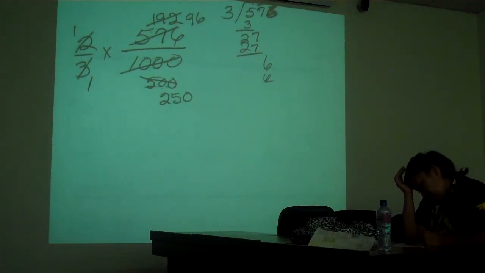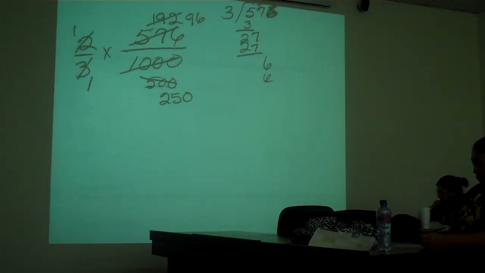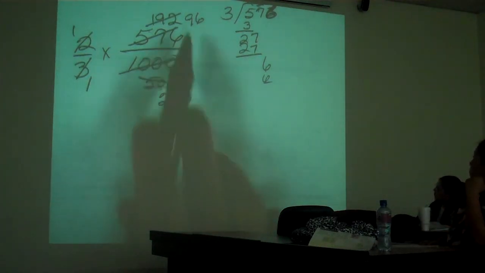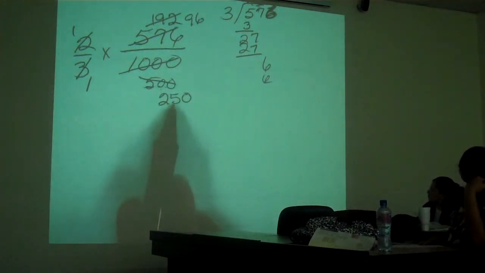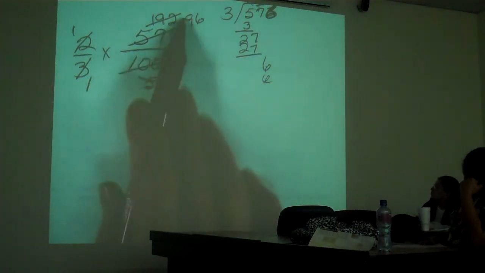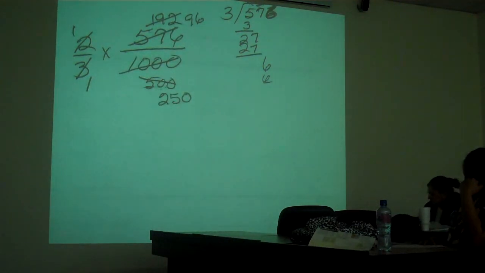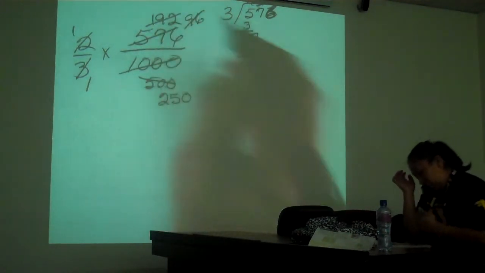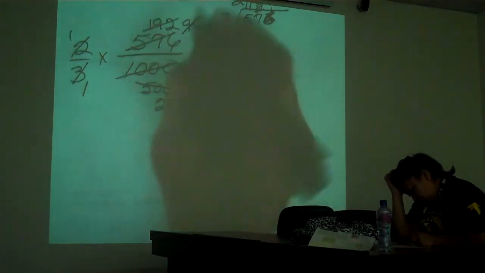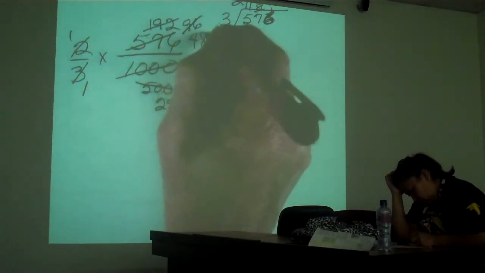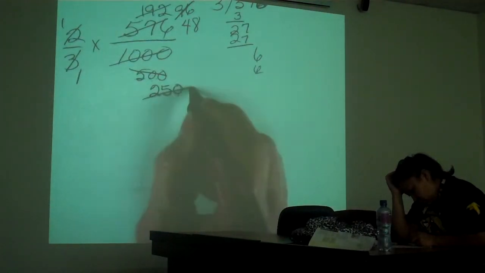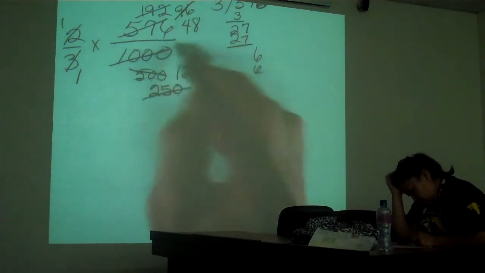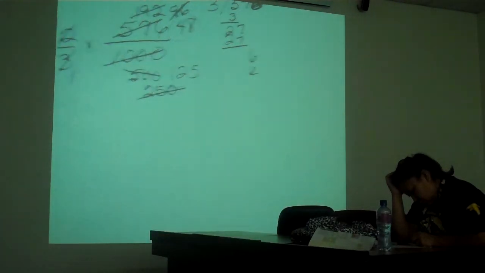I don't see anything right offhand you could divide. This would divide by 5 or 10, that won't. This divides by 2. Oh, we could do 2, can't we? Let's divide by 2 again. 96 divided by 2 is 48. What, 250 divided by 2? 125. Now we have a 48 and a 125.